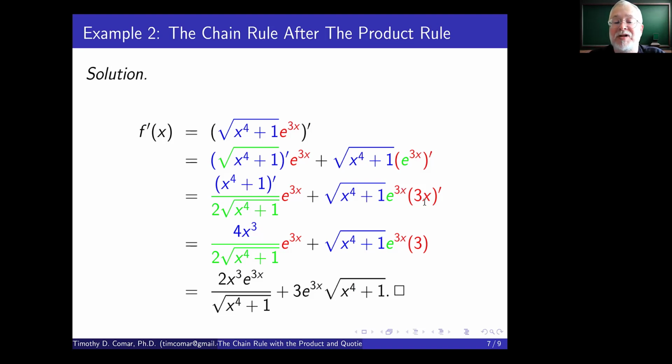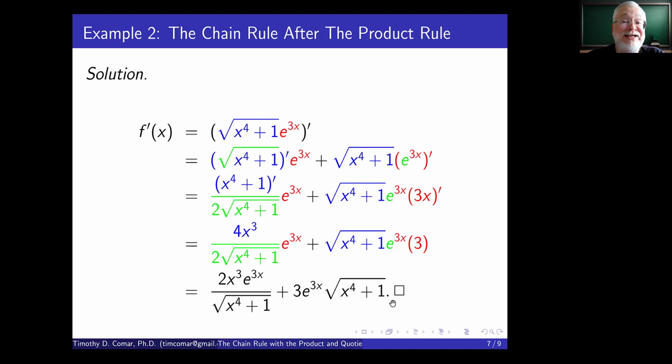So for our final step, we need to calculate these remaining derivatives. The derivative of x to the 4th plus 1 is just 4x cubed, and the derivative of 3x is just 3. I've just rearranged things and rewritten it, and we're going to leave it in that particular form.